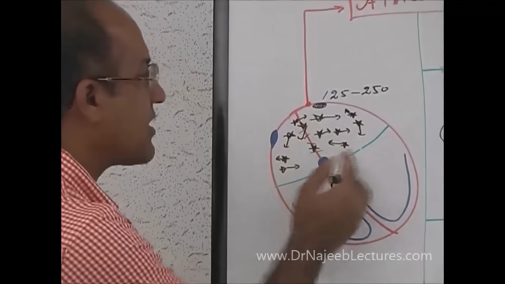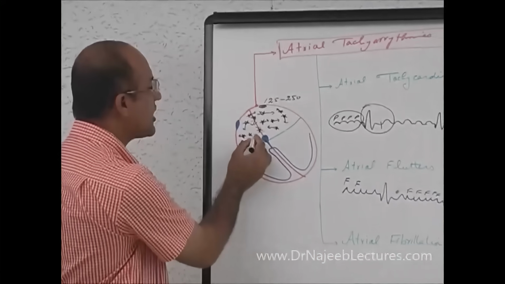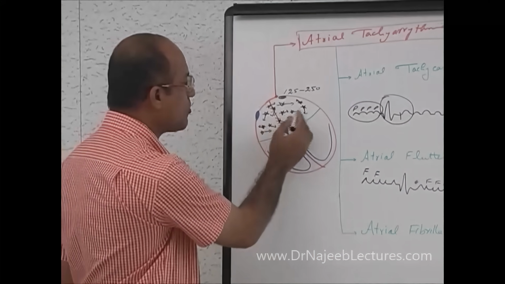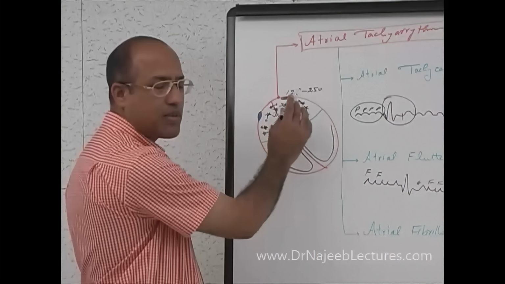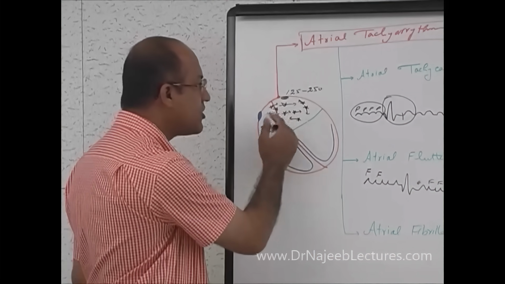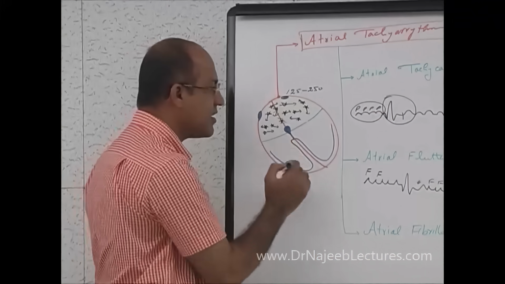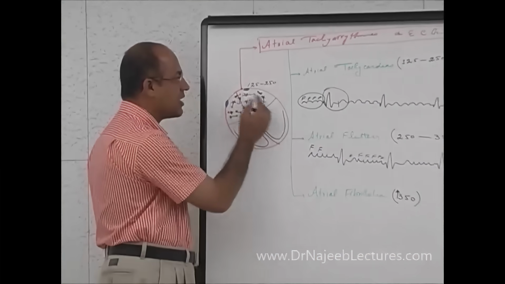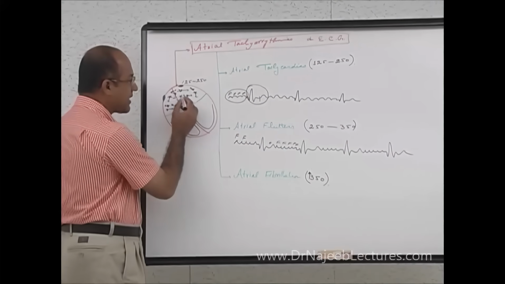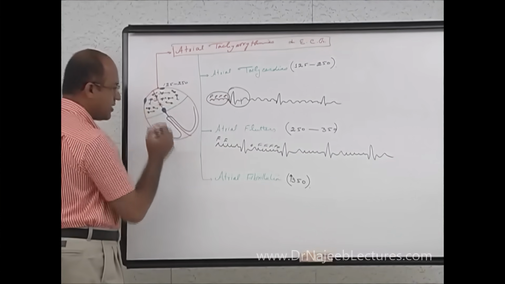These vectors are very small, produced from multiple sources, and directed against each other. They are not synchronized, they are desynchronized. So there is no well-defined electrical vector in the atrial area.